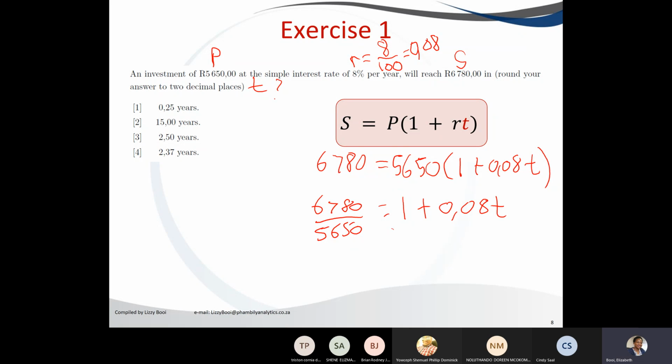When you calculate 6,780 divided by 5,650, the answer is 2.